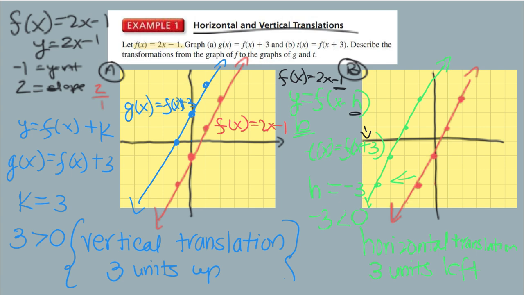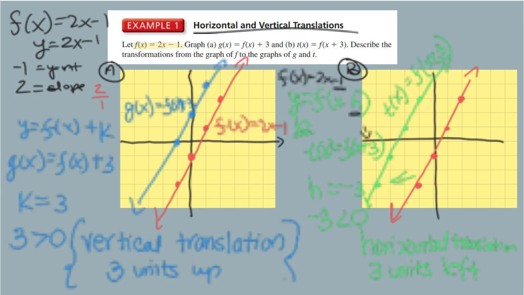So that will be given as T of x equals f of the quantity x plus 3. And our parent, again, was f of x equals 2x minus 1. So the transformation that's happening here is a horizontal translation 3 units left.